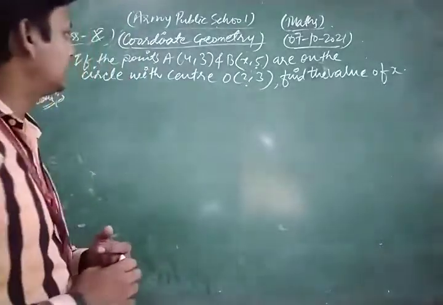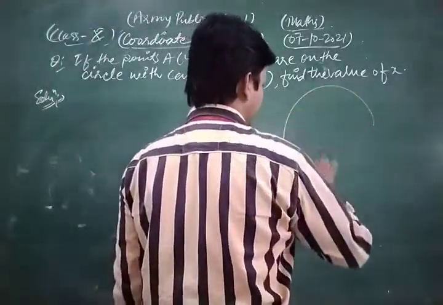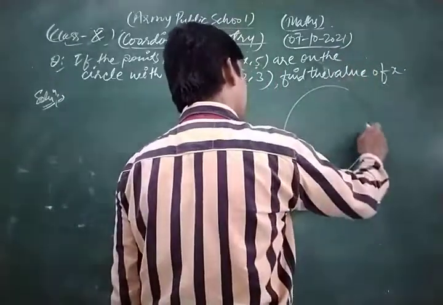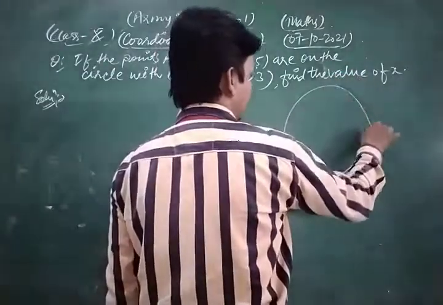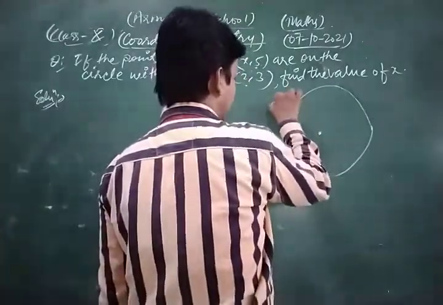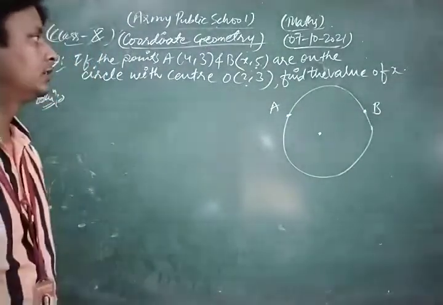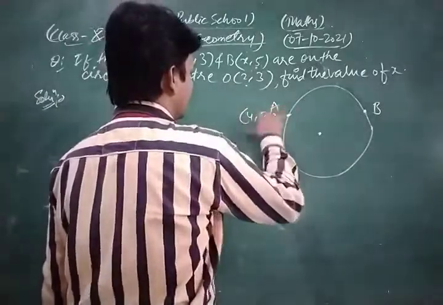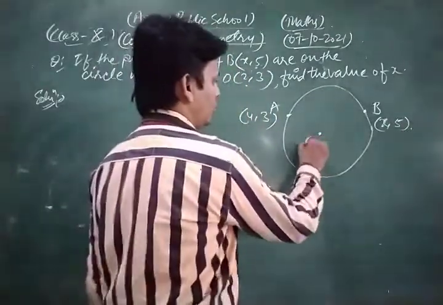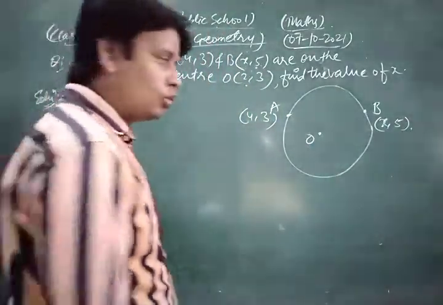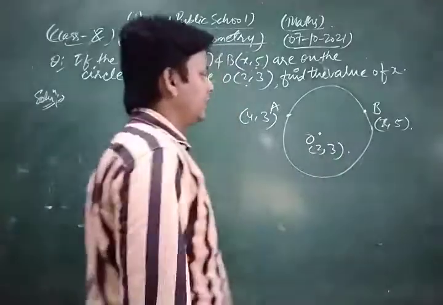Look, here the points A and B are on the circle with center O. So first of all we draw a circle with center O, and let us take A and B, two points on that circle whose coordinates are (4, 3) and (x, 5), and the coordinate of O is also given as (2, 3).